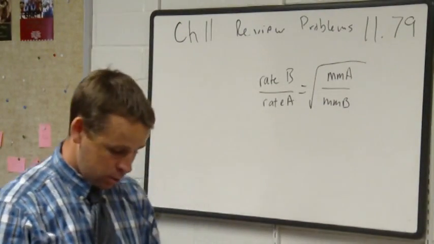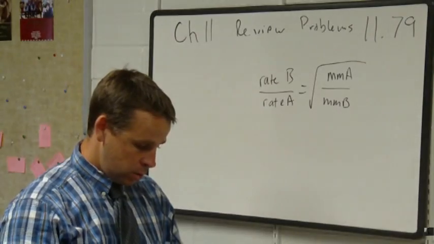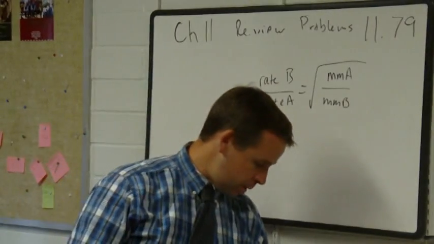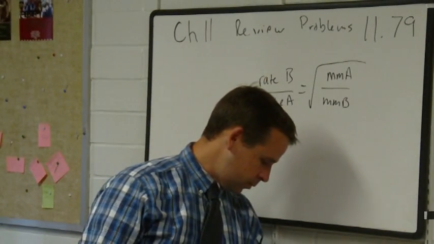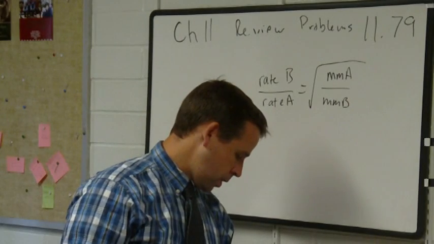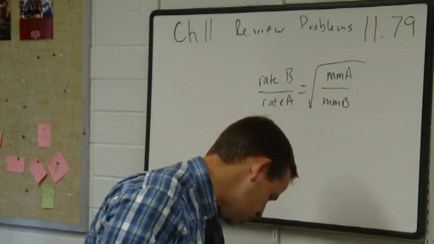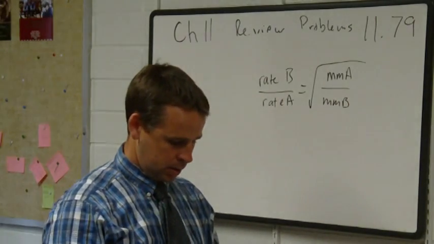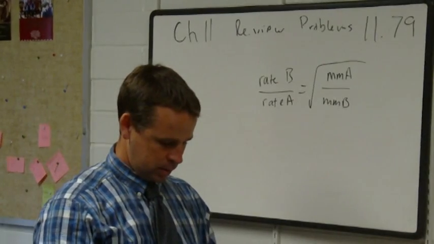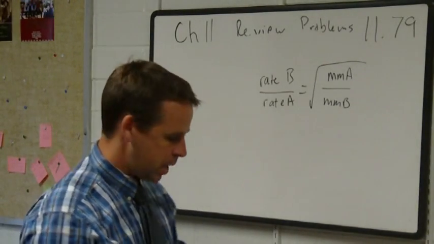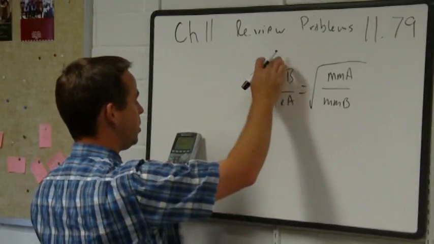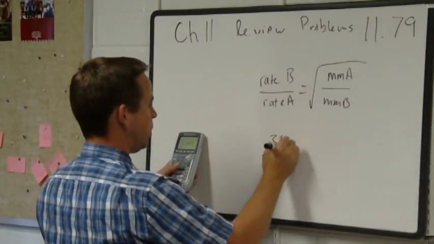Uranium-235 and 238. So 235 for the uranium-235 fluoride. Let's see, 6 fluorines is how much? 19 times 6. So the mass of the uranium-235, which would be the faster one, is 349.